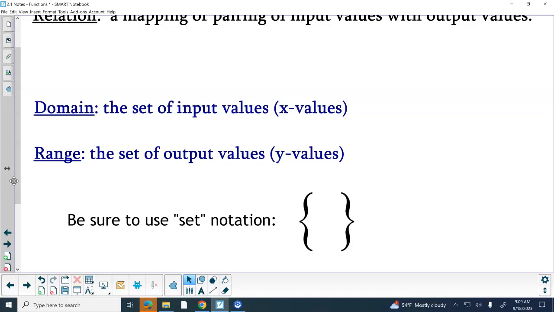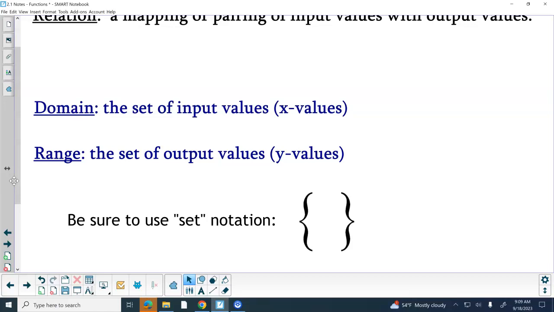Now, for us right now, in our relations, we're going to use set notation. Later on, usually it's the end of November-ish, we'll get to where we don't have to use the set notation, or we'll just say all real numbers but this, because there's too many numbers to write down.